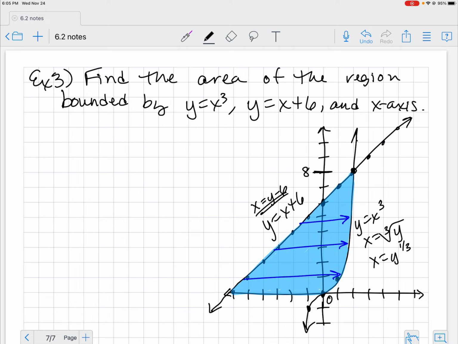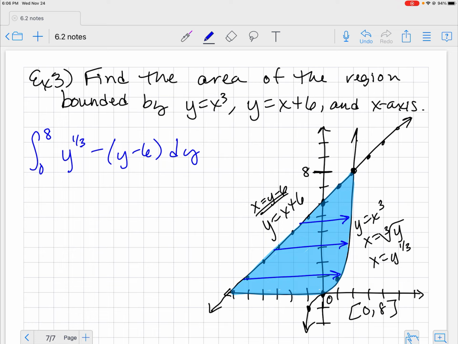Either one of those. And I know my interval here is going from 0 to 8. That's the other reason why I like this, because 0 is one of my bounds. That makes my life so much nicer, right? So I'm going from 0 to 8 for my right minus my left, right? The biggest one, y to the 1/3, minus y minus 6 dy.